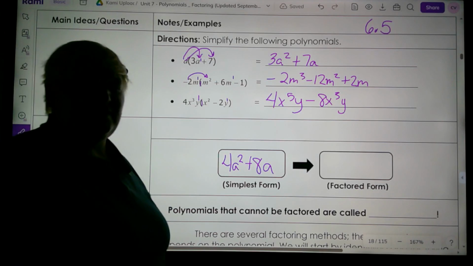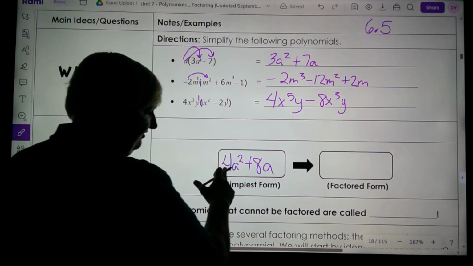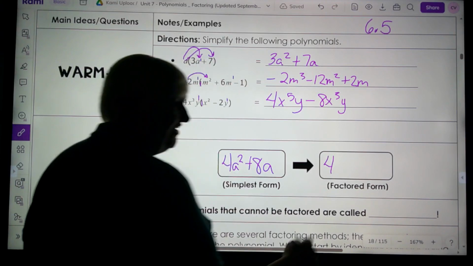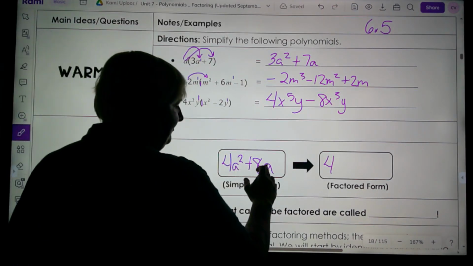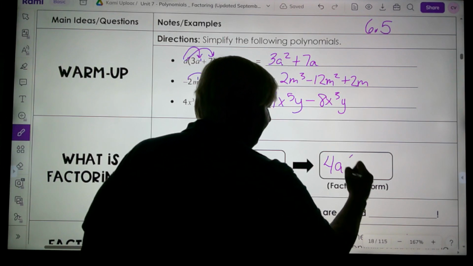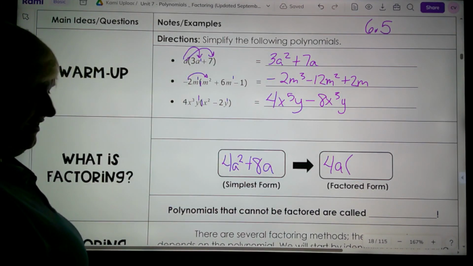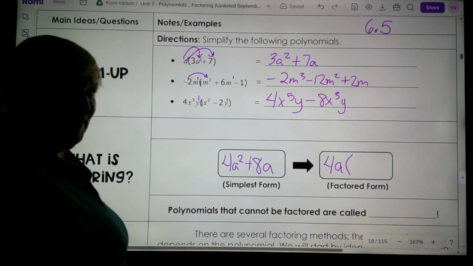Factoring is to find their greatest common factor. So the greatest common factor that goes into both 4 and 8 is 4. I can take a 4 out of both of those. And the greatest common factor between a squared and a is a. I can take an a out of both terms. I can divide both terms by 4. I can divide both terms by a.